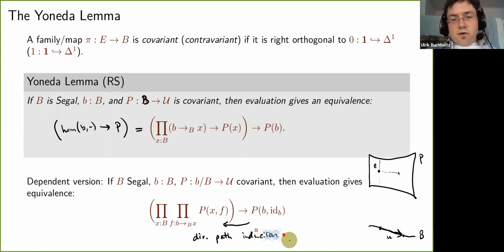So if you have a motive that is covariant in a point under B, then to inhabit it is the same as to just give an element at the reflexivity path.